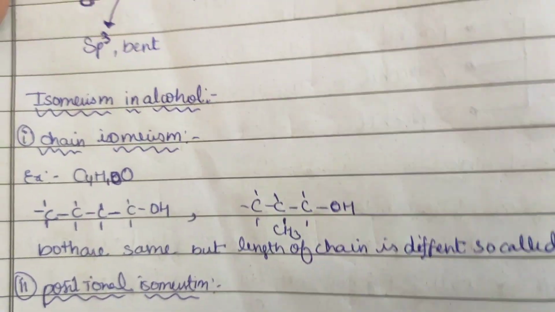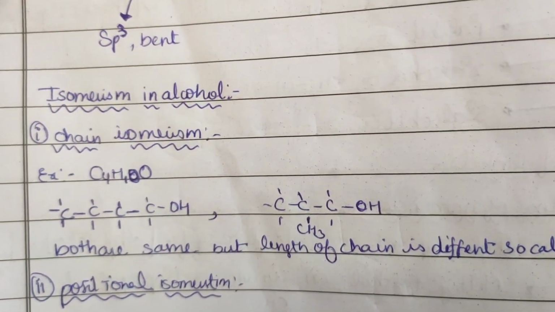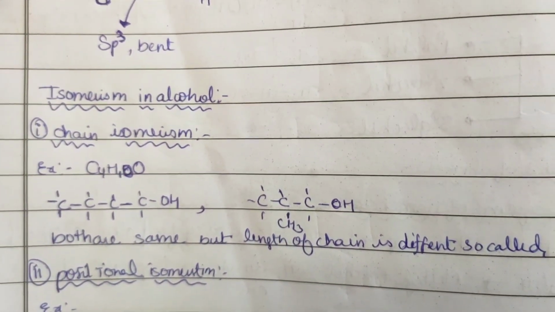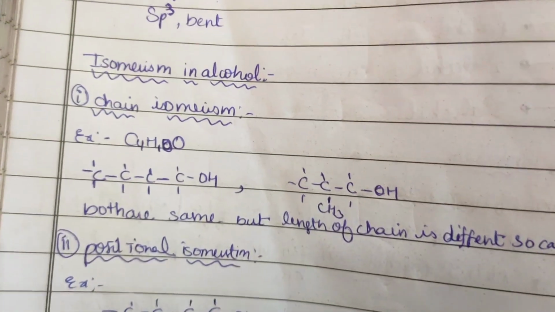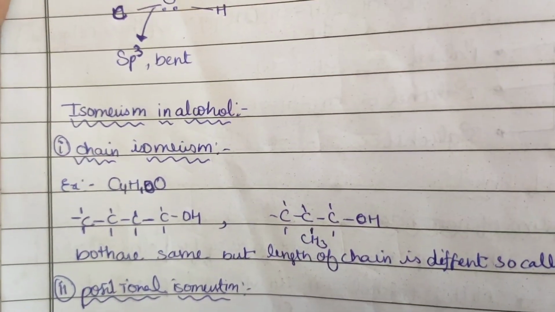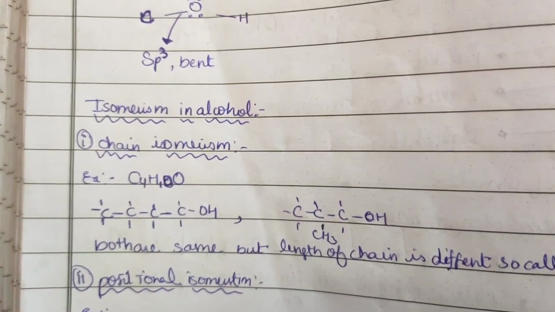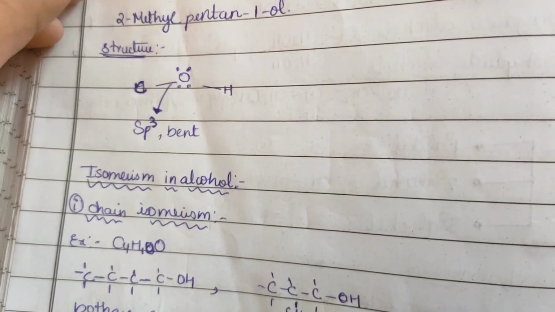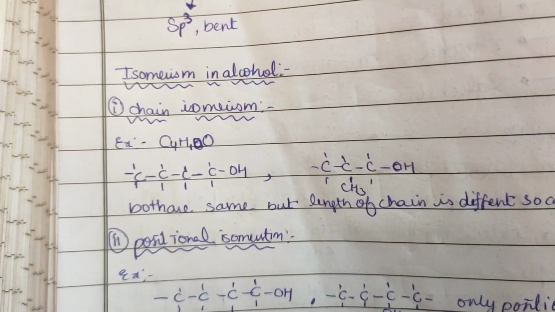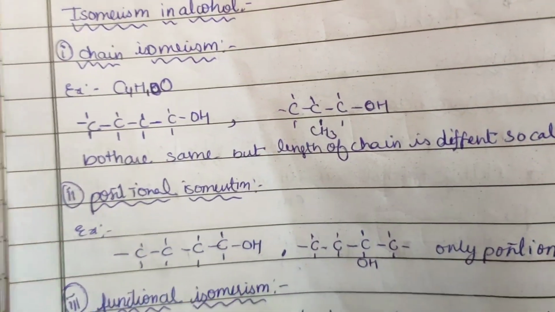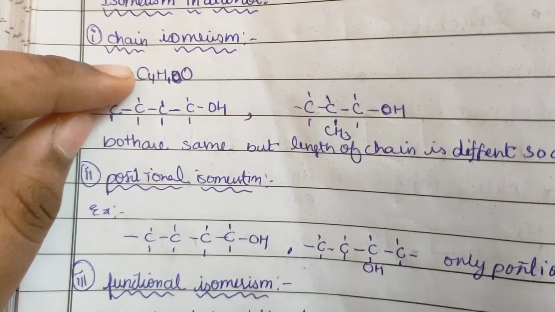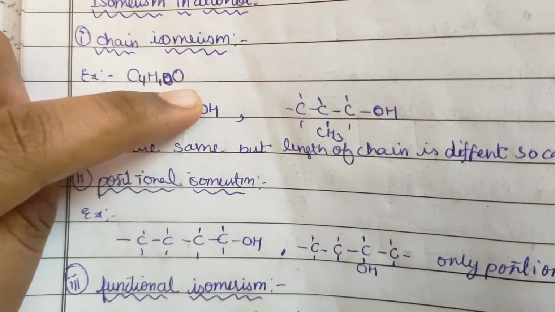Now let us discuss isomers in alcohol. The first isomer in alcohol is chain isomers. For example, here you can see C4H10O is present as a structure.